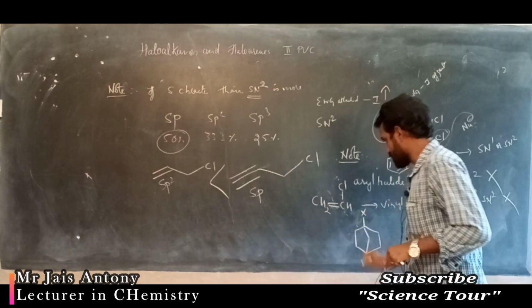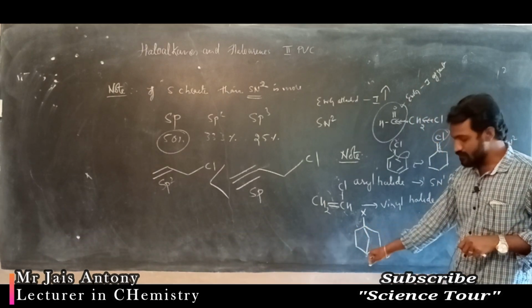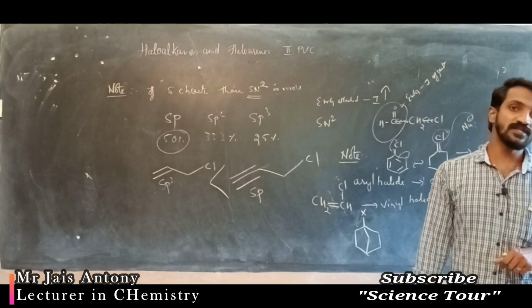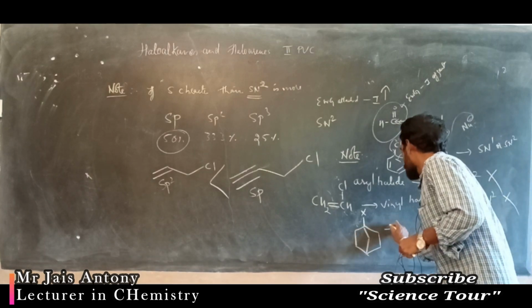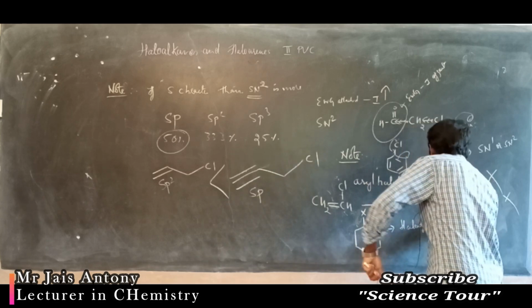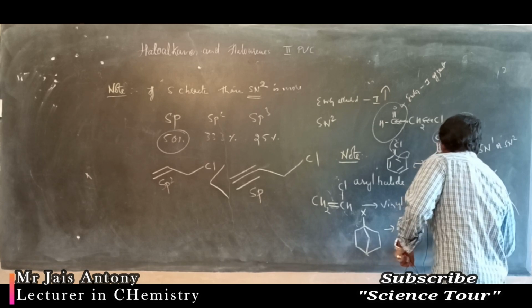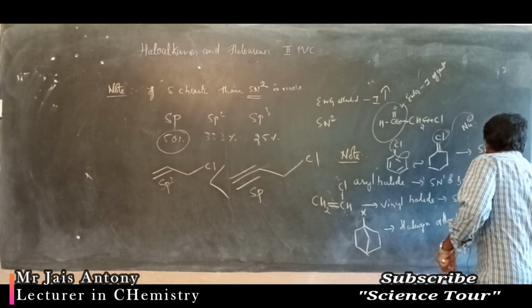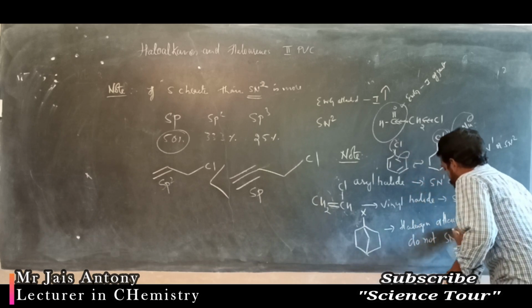bridged halogen. This side is called the bridge. If a bridged compound is there, and a halogen is attached to the bridged position, a halogen attached to a bridged atom does not show SN1 or SN2 reaction.